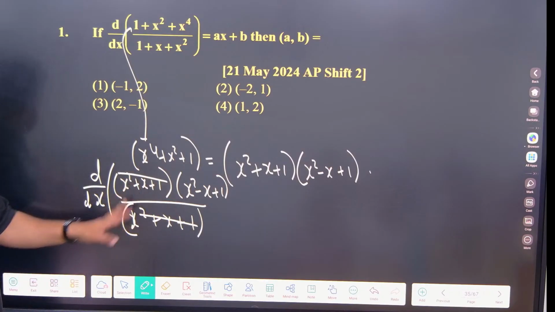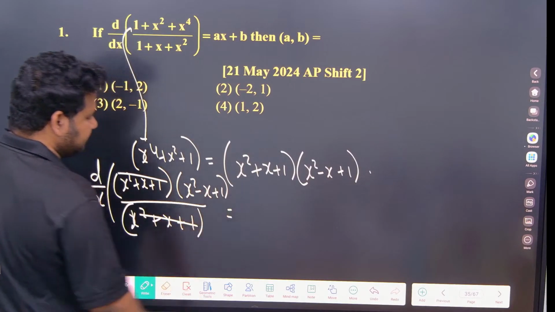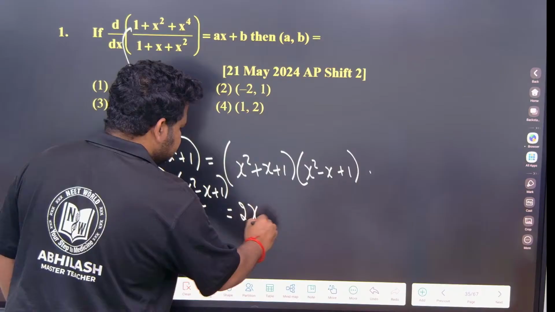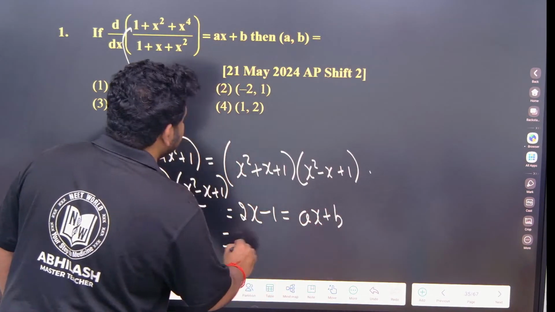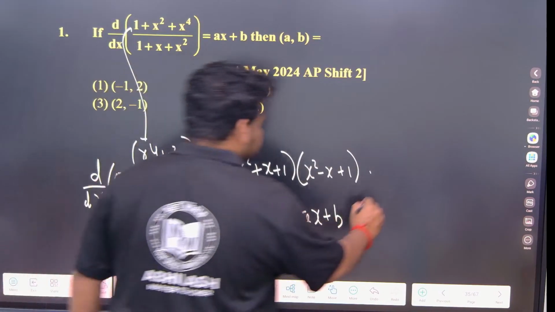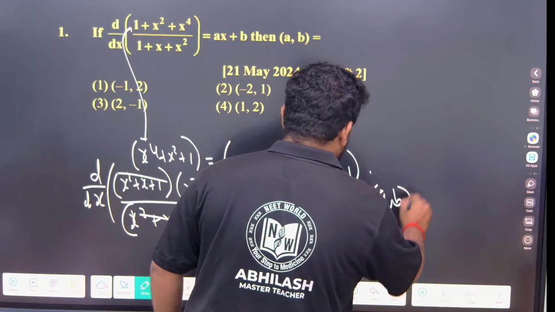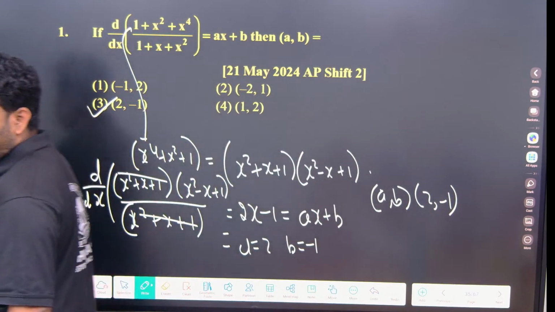Now I am left with d by dx of x square minus x plus 1, which is 2x minus 1. This is equal to ax plus b. So a is equal to 2, b is equal to minus 1. The answer: a comma b is 2 comma minus 1. Which option? Third option. Simple.